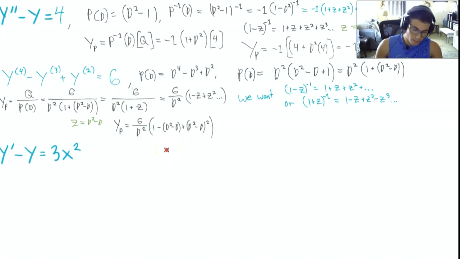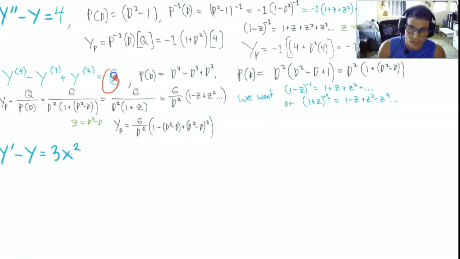What does y_p mean again? It means we create this thing, and then we apply this Q. If this was a function, but in this case it's just a constant, we apply this Q into the D's, which means we take derivatives.